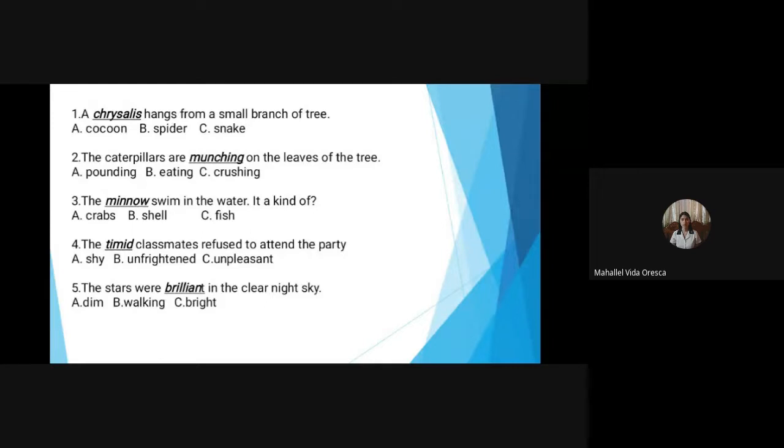The minnow swims in the water. Okay, very good. The timid classmate refused to attend the party. Okay, very good. The stars were brilliant in the clear night sky. Okay.